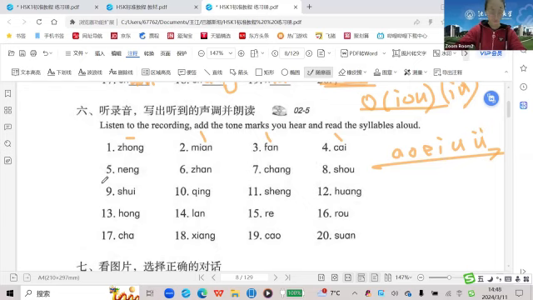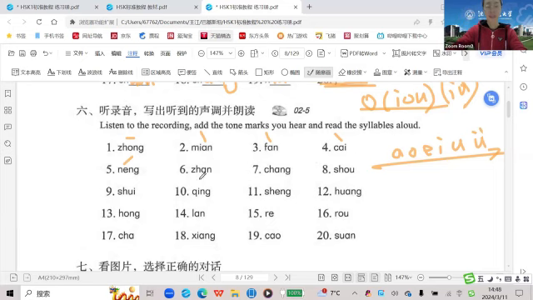Okay, number 5, 能. Yes, right. And the other students, please just do like that. Yes, mark the tone. Use the number to represent the tones. And where should we mark the tone? Above the alphabet E. Okay, so the right answer is 能, second tone.